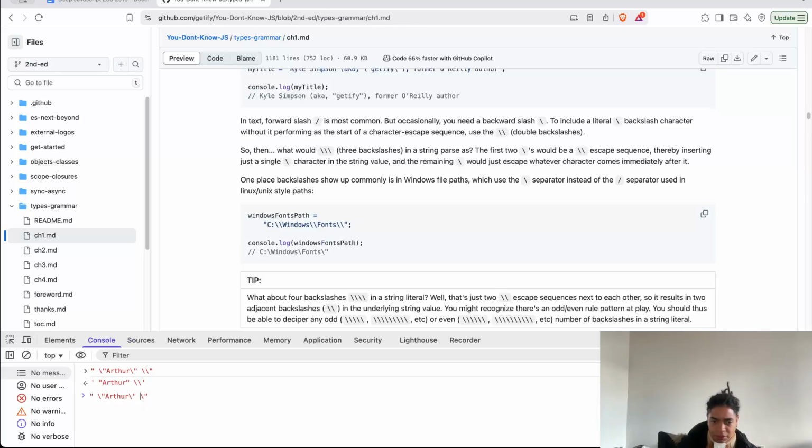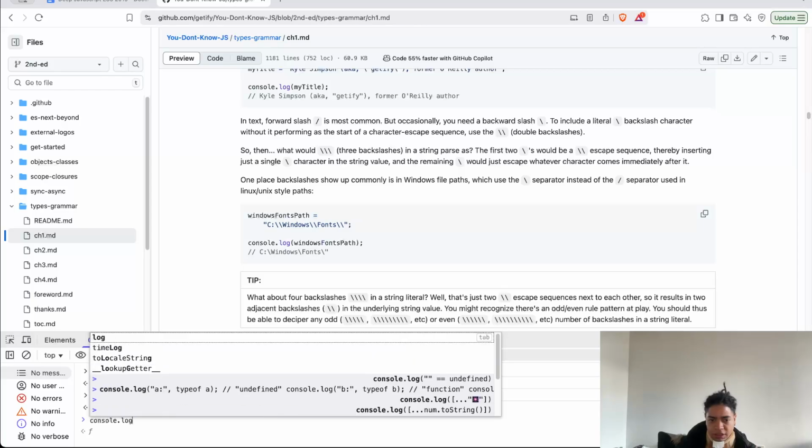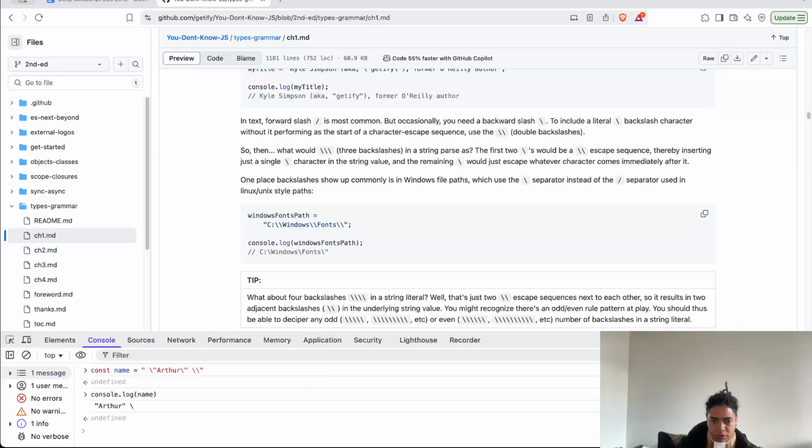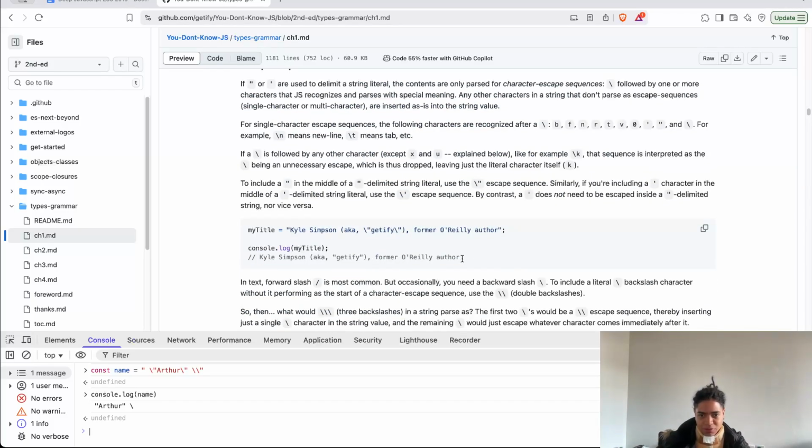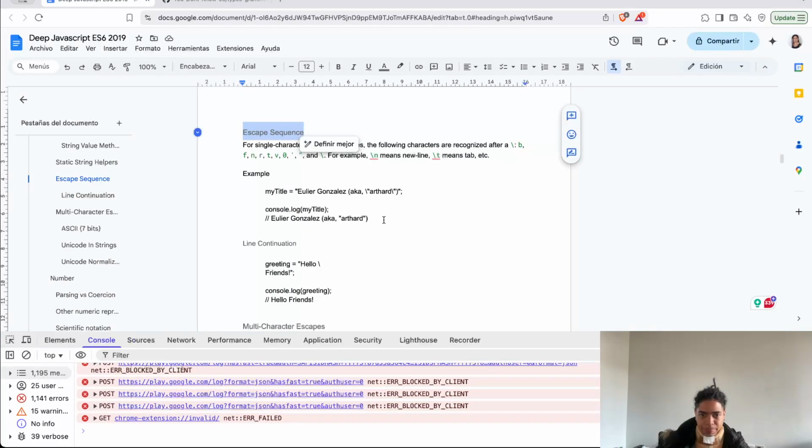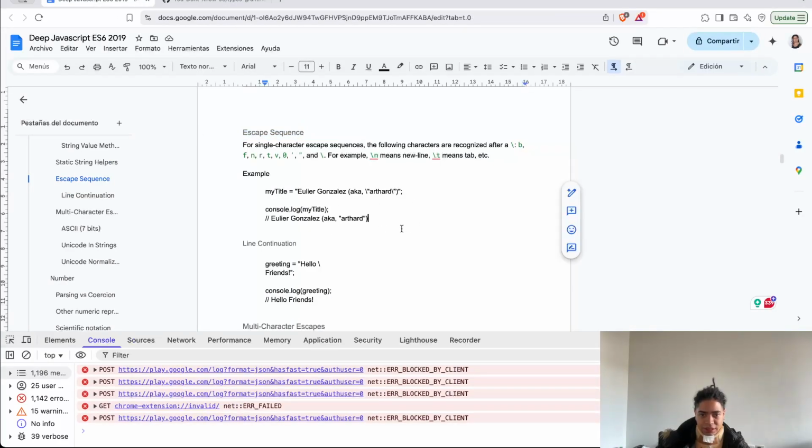That's interesting, because if I do this and then I store that into a variable, let's say name, and then I console log that name, I get that single. Exactly.